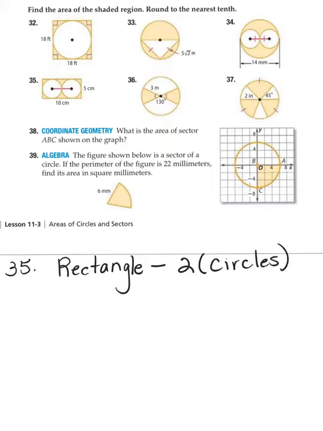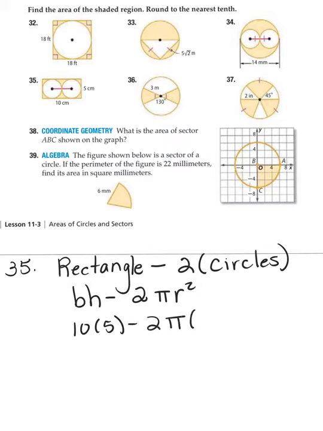So I've got a base times the height minus 2 pi r squares. Well, my base and my height, they're 10 times 5 minus 2 pi. Now I need the radius of one of my circles, and I can see that 5 is the diameter of a circle, so the radius is going to be 2.5.